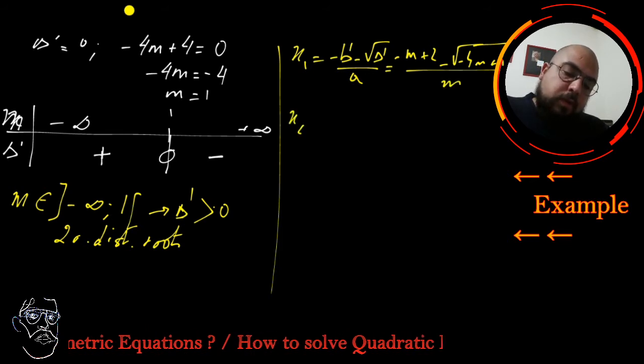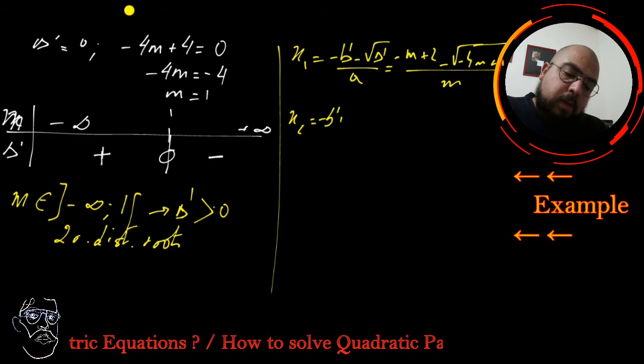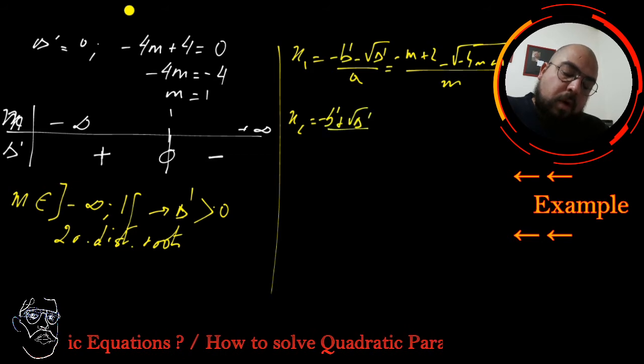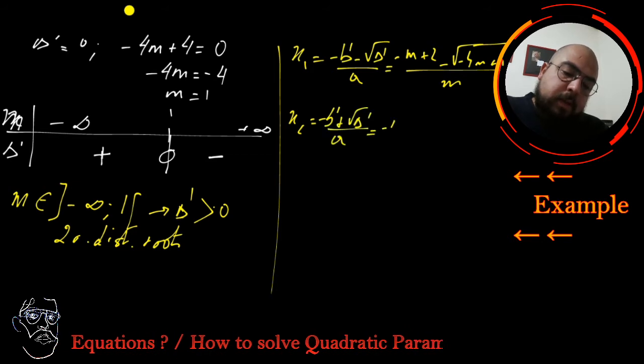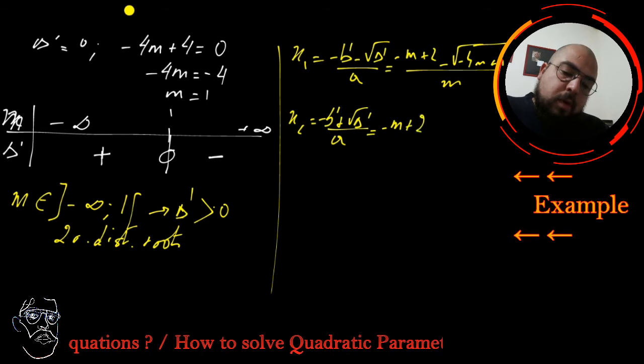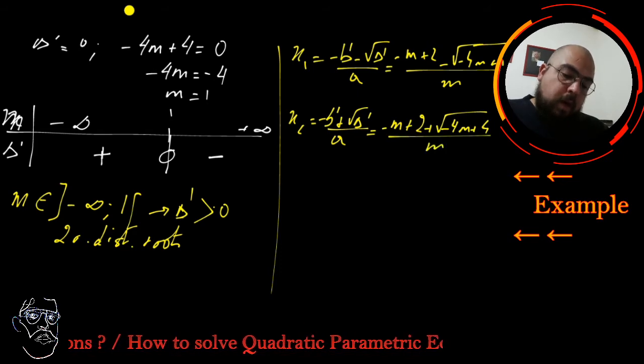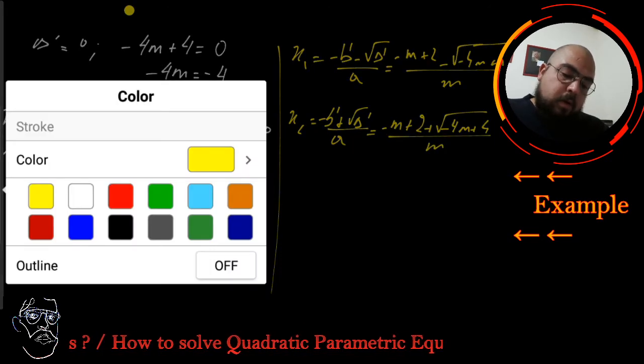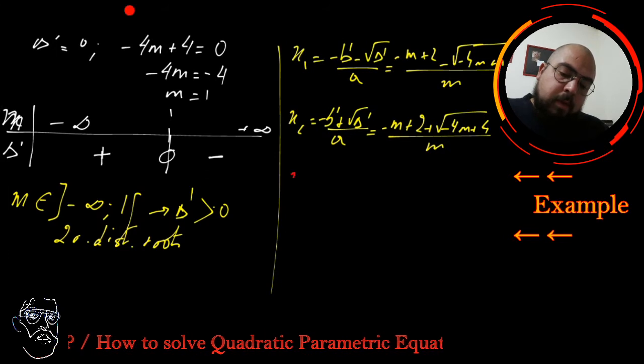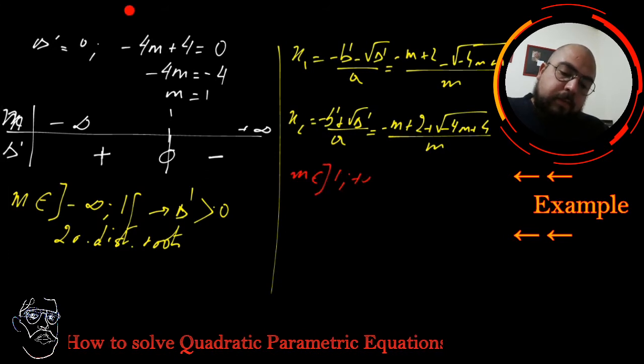As for x2, it will be minus b prime plus square root of delta prime over a, so it will be minus m plus 2 plus square root of minus 4m plus 4 over m. Now, what happens when m belongs to the interval from 1 to plus infinity?